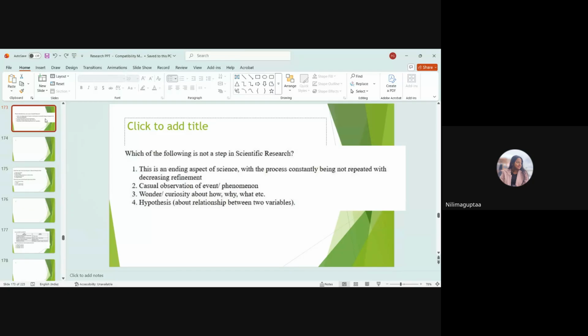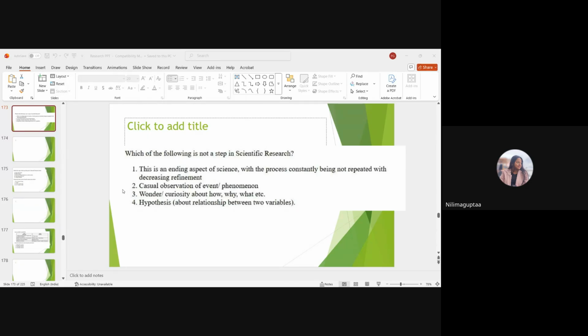Now, the next question, which of the following is not a step in scientific research? Correct.